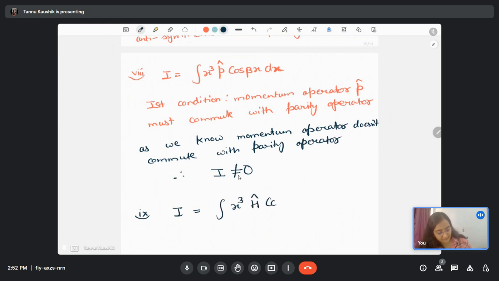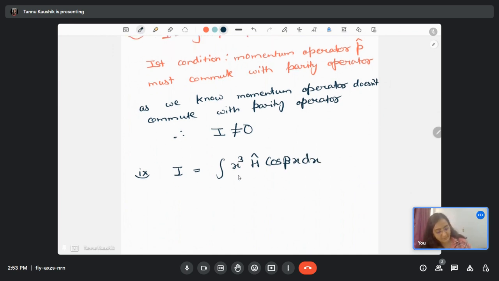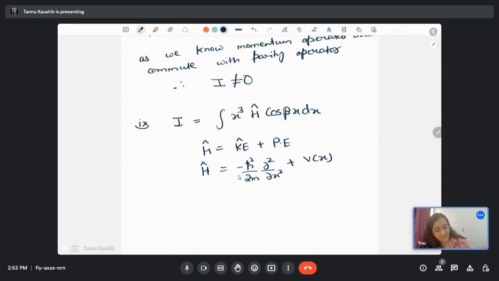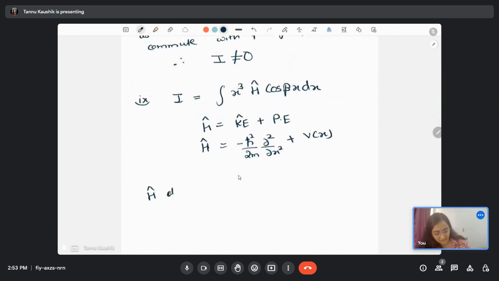So here let us take another operator for this same example: the Hamiltonian operator. So what is the Hamiltonian operator? The Hamiltonian operator is the sum of the kinetic energy operator plus the potential energy operator, which is minus h bar square by 2m del square by del x square plus V of x.